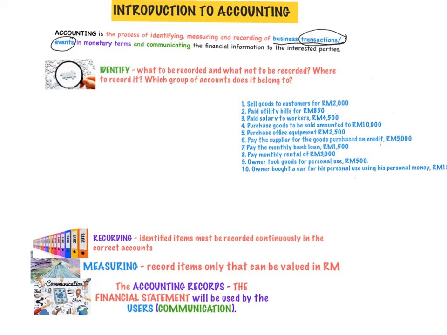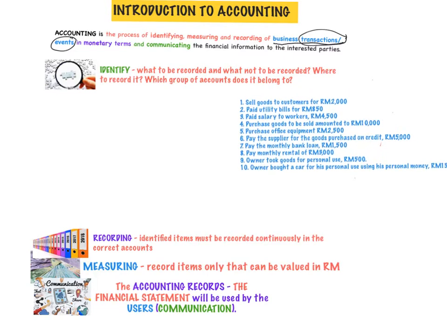Number 1, you sell goods to customers. This is of course your business transaction, so you have to record it. When you pay utility bills, of course it is for the business purpose and you use the business money. You pay salary to workers, again a business transaction which has to be recorded. Purchase goods to be sold, again from the business for the business.